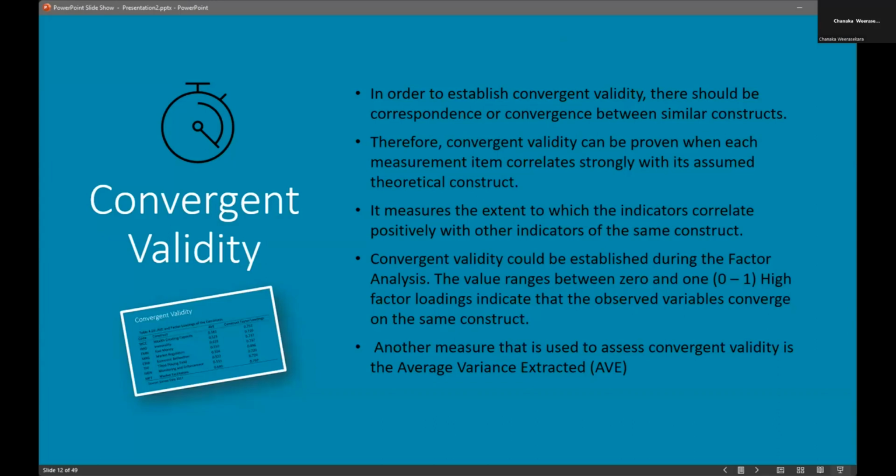Now, some of you may have done a factor analysis for your research. Some of you may have not. The people who have done the factor analysis can calculate the AVE. It's a very easy procedure. If you have already run your factor analysis in your research, you can ask your supervisor about the average variance extracted and how you should calculate it.